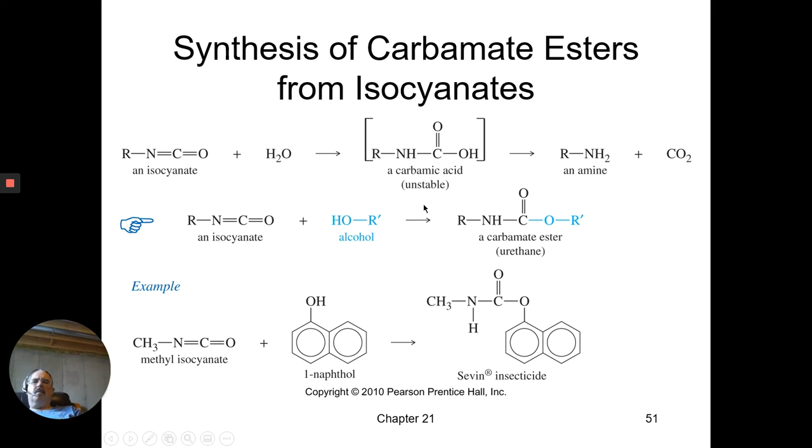This was actually one of the steps in the Hoffman rearrangement. When an isocyanate reacts with an alcohol, we get a carbamate ester, or a urethane. This particular compound, Sevin insecticide, is made from methyl isocyanate and 1-naphthol.